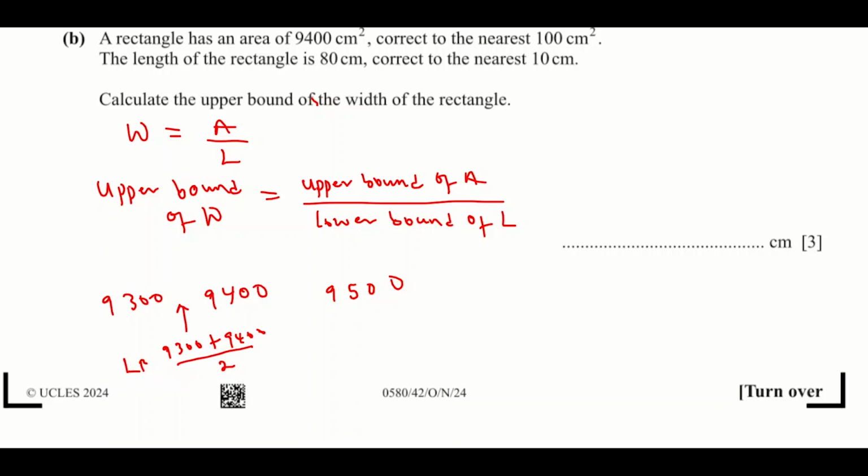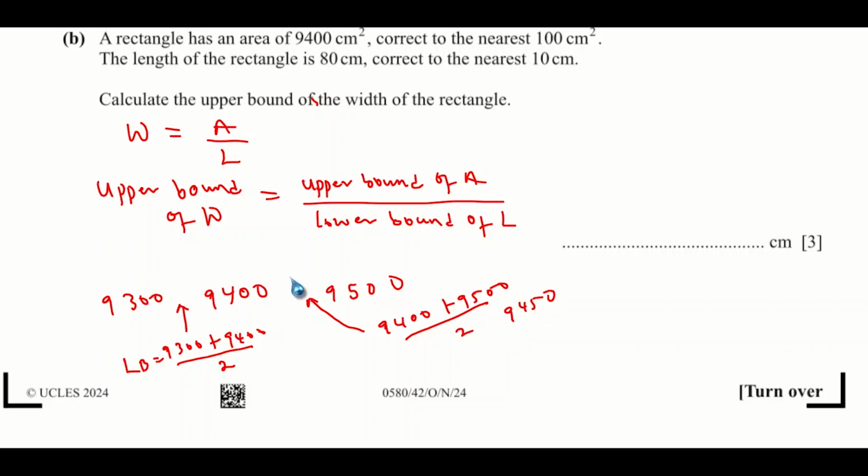So LB for the lower bound, and this one will be the upper bound. The upper bound will be 9,400 plus 9,500 divided by 2. You can do that. This will give me 9,450.